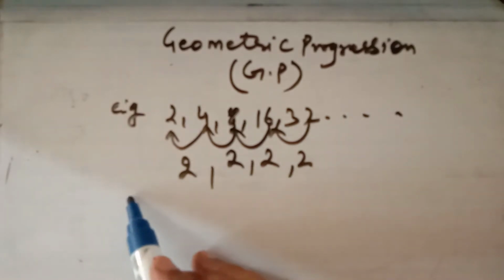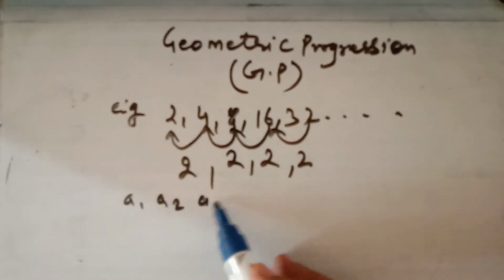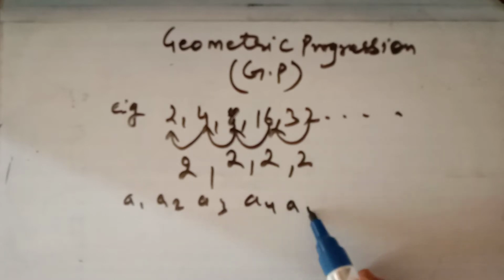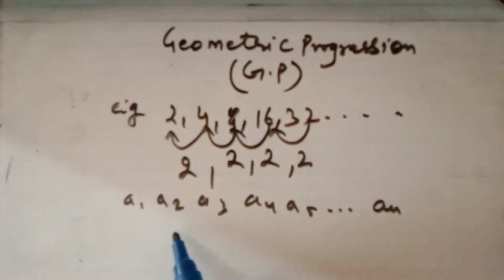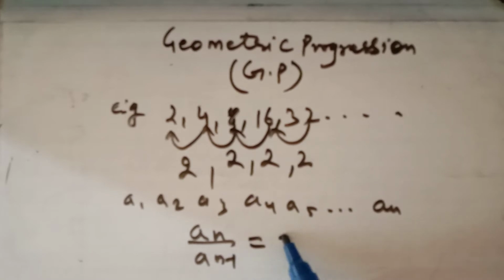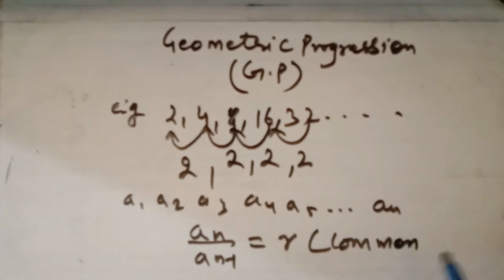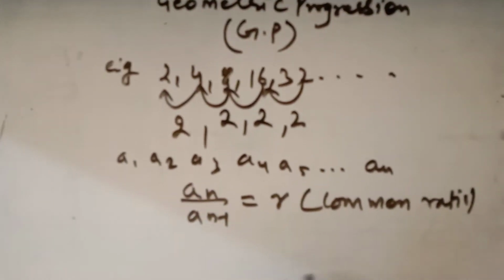Thus, if a1, a2, a3, a4, a5 and so on up to an, the ratio between any term and its preceding term is known as the common ratio, and it is denoted by small r, and it is always constant.